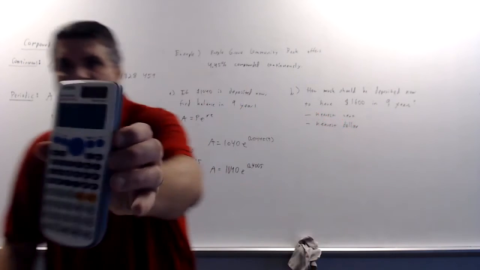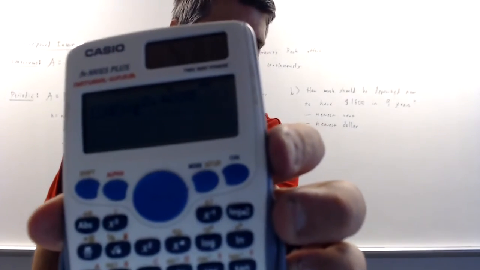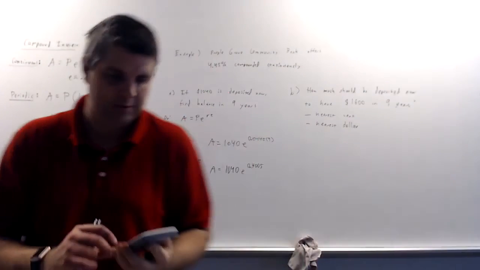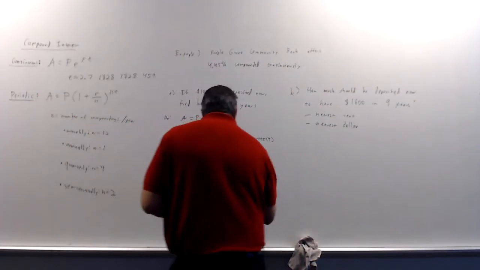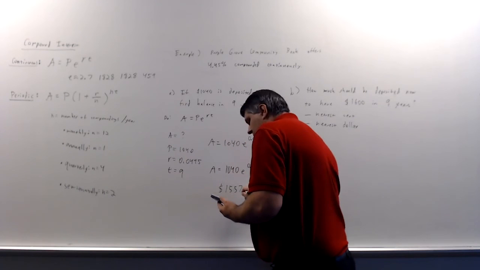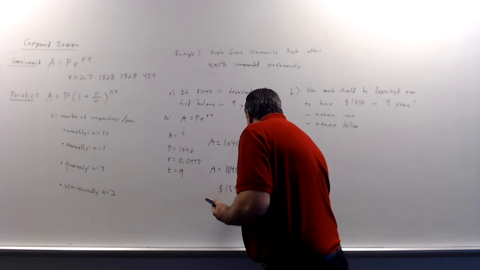This is what it looks like on the calculator that I'm using. And to the nearest cent, that's 2 decimal places, $1,552.27.